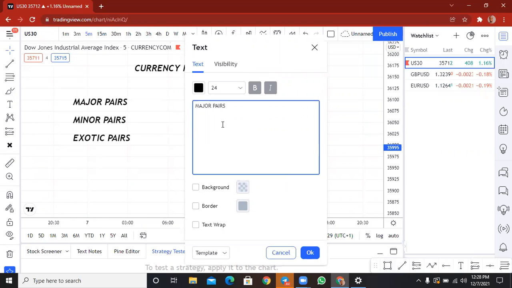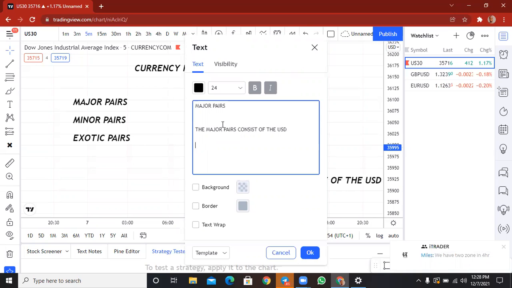The major pairs consist of the USD, right? So the major pairs are pairs that you find the USD currency attached to in some way, all right?